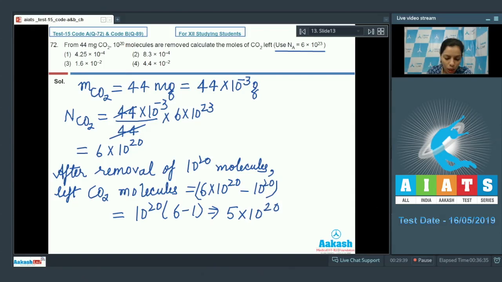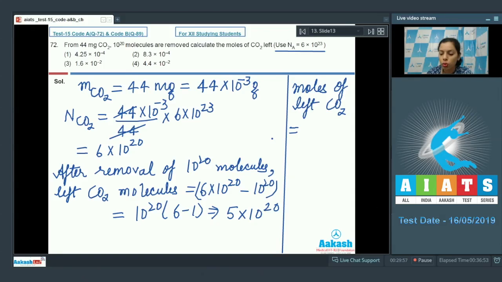These are the number of molecules, but this is not the question. The question is to find out the number of moles of CO2. So I'll just write here moles of left CO2. This is equal to N by Na. N is the number of molecules that you have, and just divide it by the Na value, once again 6 into 10 raised to the power 23.